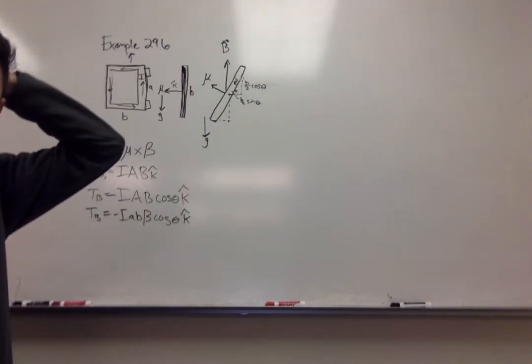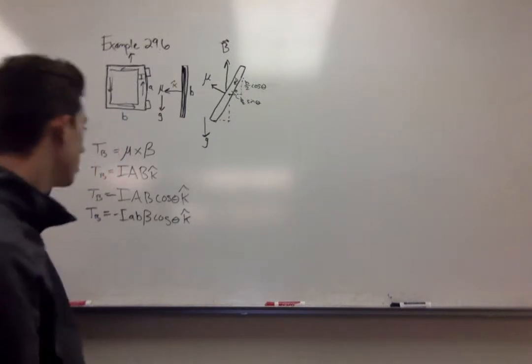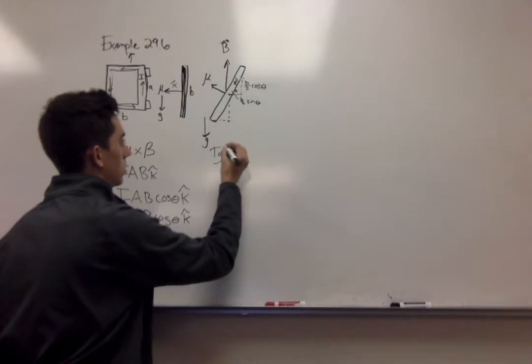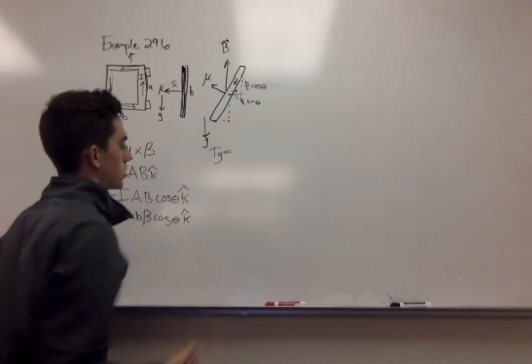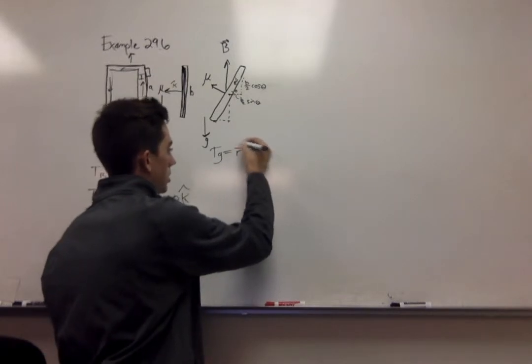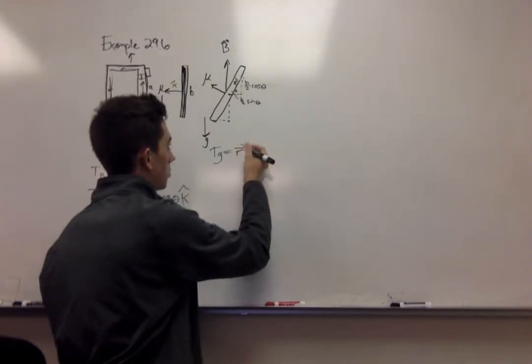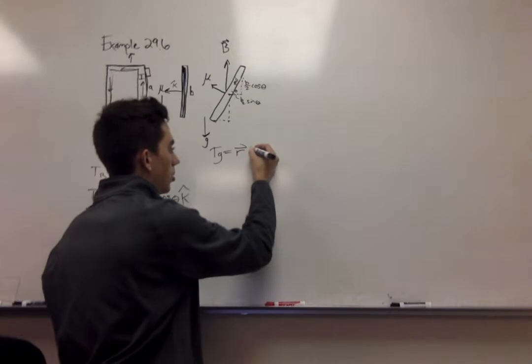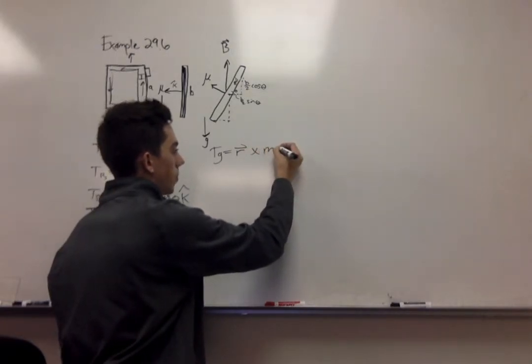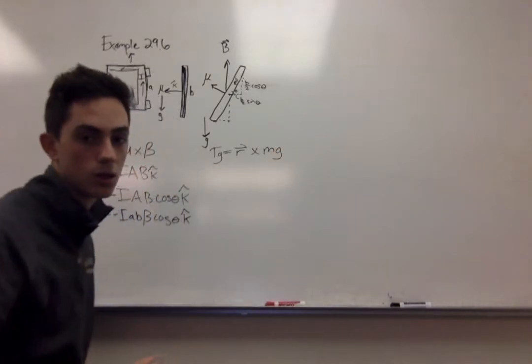So what we're going to want to do next is look at the torque for the gravitational energy pushing down this way, which is just going to be radius, or there's not a radius because it's a rectangle, but the length times across mass times gravity.